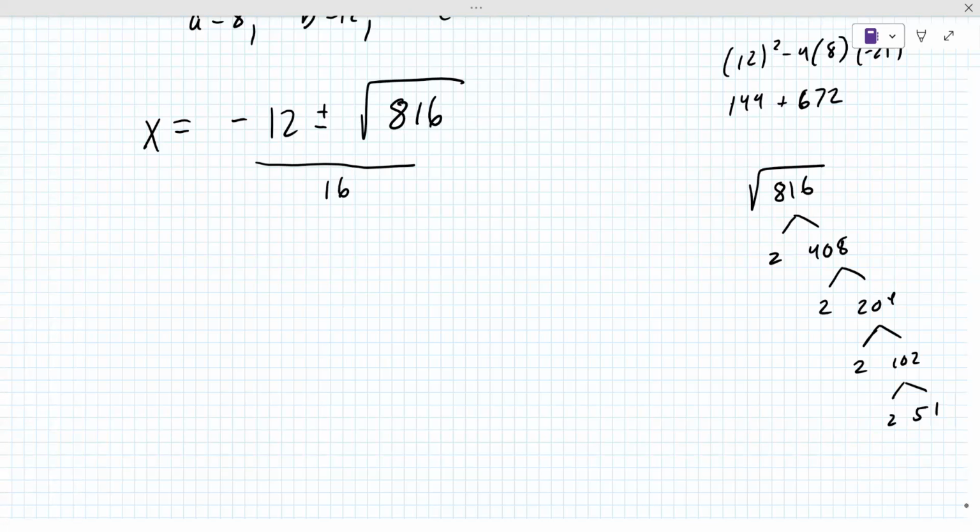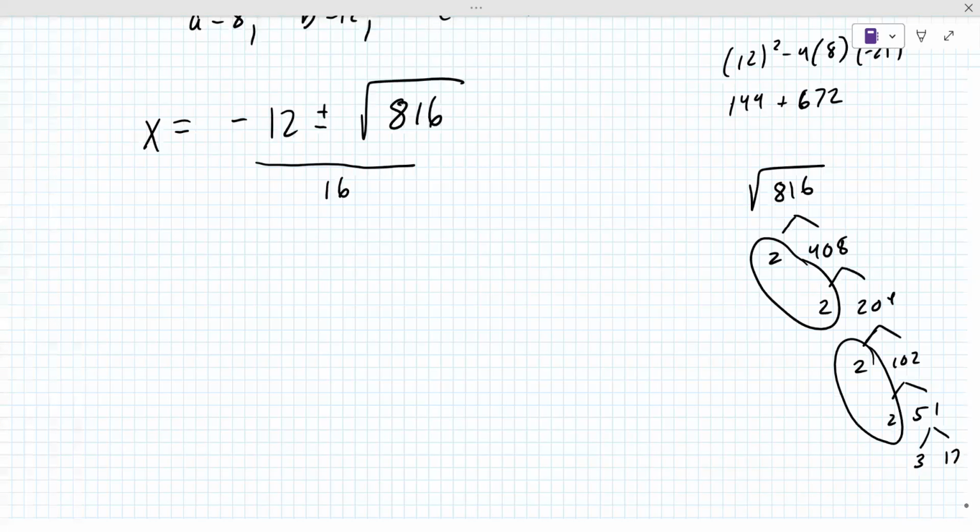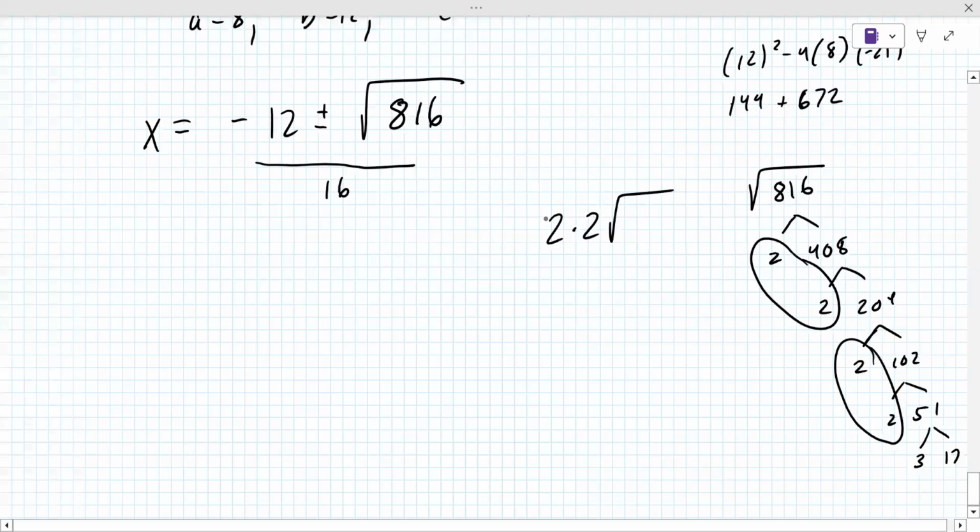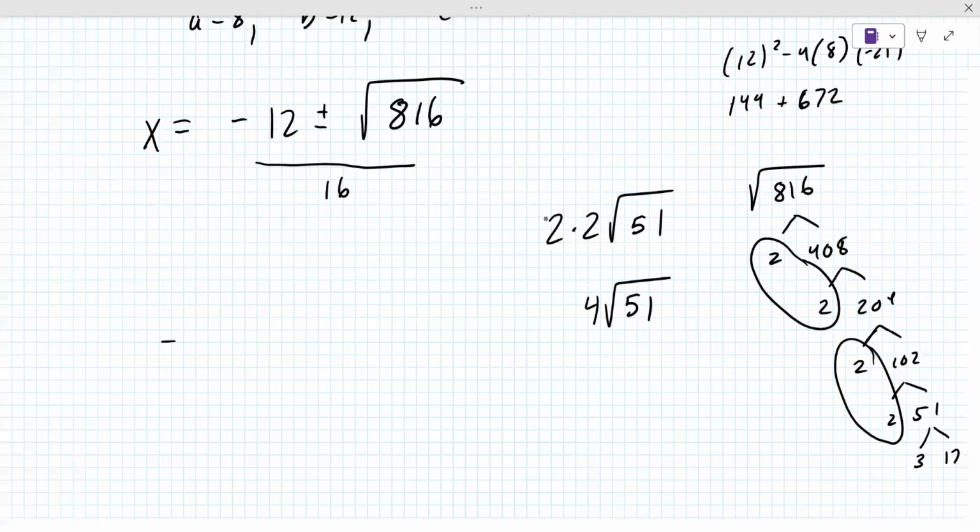So that looks to be it. 51 is 3 and 17. Looks like there's 2 pairs. Just double check this, make sure that's right. Yeah, that is right. So it becomes 2 times 2 square root of 51, 4 square root 51, minus 12 plus or minus 4 square root of 51 over 16.